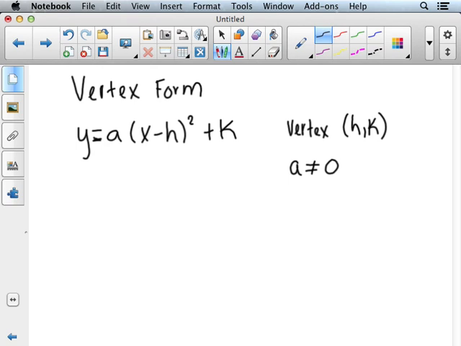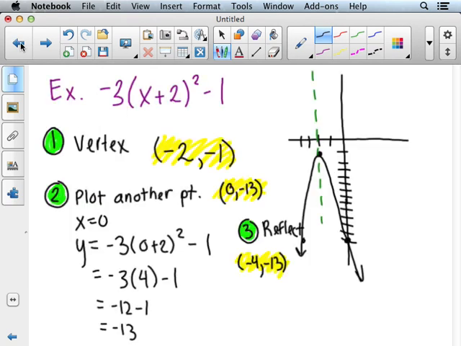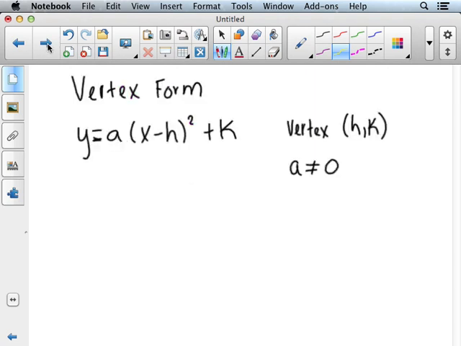Okay? Other things to think about, we talked about this already in the other PowerPoint. If this value here, our a value, is negative, remember that reflects it down. It should be a frowny face. If it's positive, it keeps it facing up. So if a is negative, we end up with a frowny face.